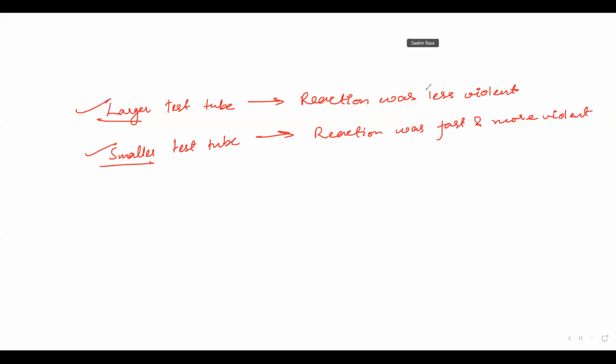So if escaping, why? How is the test tube size related to escaping tendency? The heat in the smaller test tube goes very slow. See, listen. You're doing a reaction in a small test tube, okay?